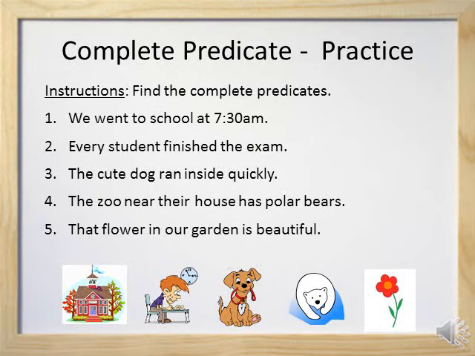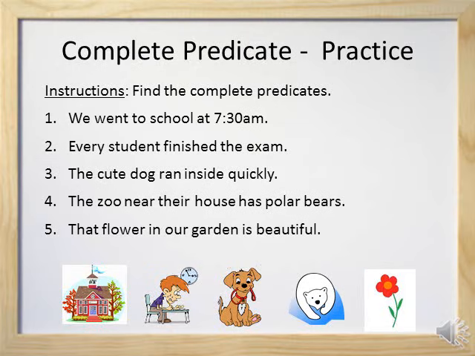Complete predicate practice. Instructions: find the complete predicates. Now, you'll practice finding the complete predicates in these sentences. These are the same sentences that we used before to find the simple predicates. Number 1. We went to school at 7:30 a.m. Number 2.